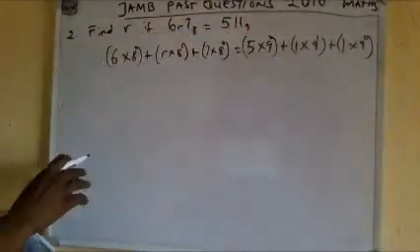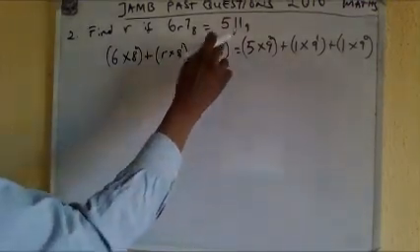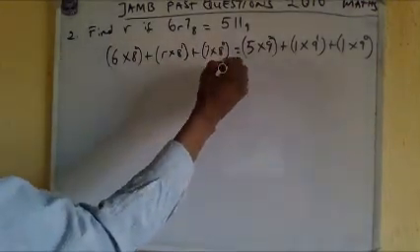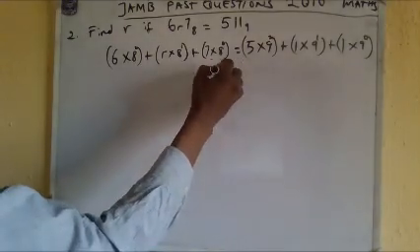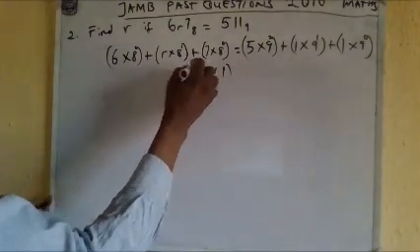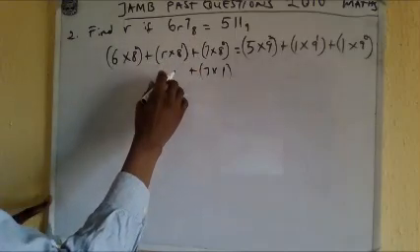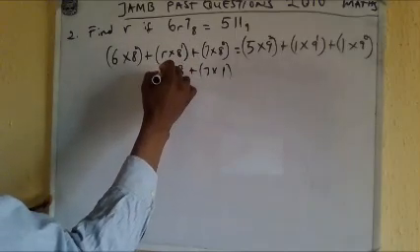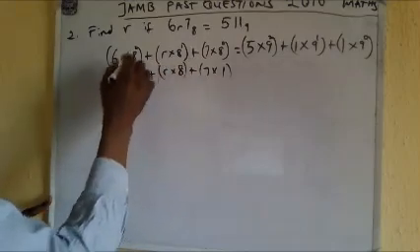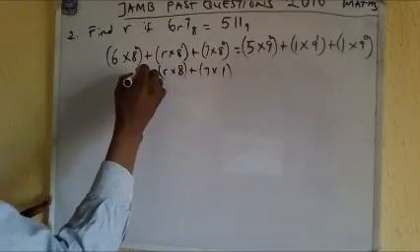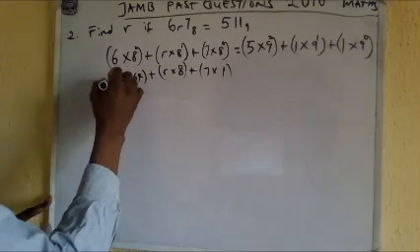Okay, so we'll do this starting from here. 8 raised to power 0 is 1 times 7 plus 8 raised to power 1 is 8 times R plus 8 raised to power 2 is 64 times 6.